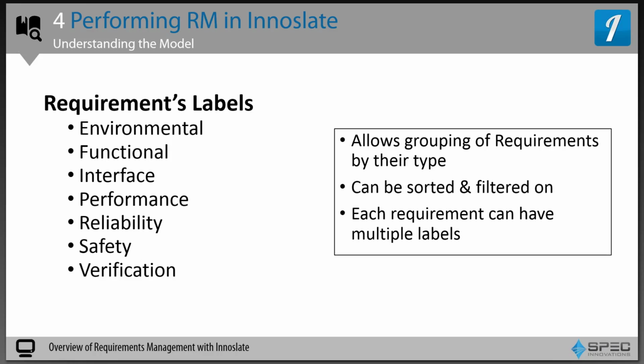So we can have, for example, a requirement that has an environmental label and also a safety label. This way when you get into the later phases with your V and V, you can go back and say, okay, make sure we test it both on the environmental side and also the safety side.